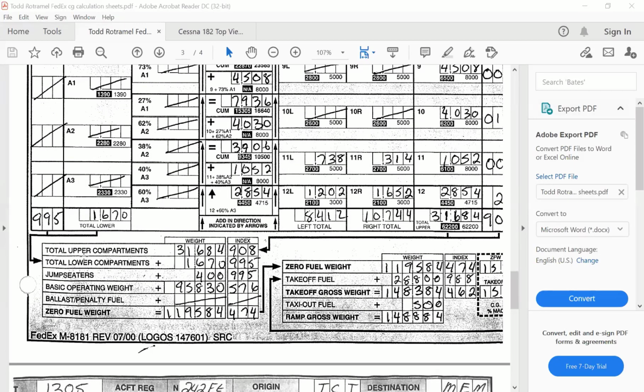So he has a total of the upper compartments, total of the lower compartments, both weight and index, because he has to know how much does the airplane weigh, so he knows if it can get off the ground for takeoff, but the indices tell him whether he's stable or not. And they do this for 0 fuel weight and takeoff gross weight and ramp gross weight, because obviously, it has to be stable on takeoff, but near landing, when it's used up most of its fuel, he has to know that it's still stable.